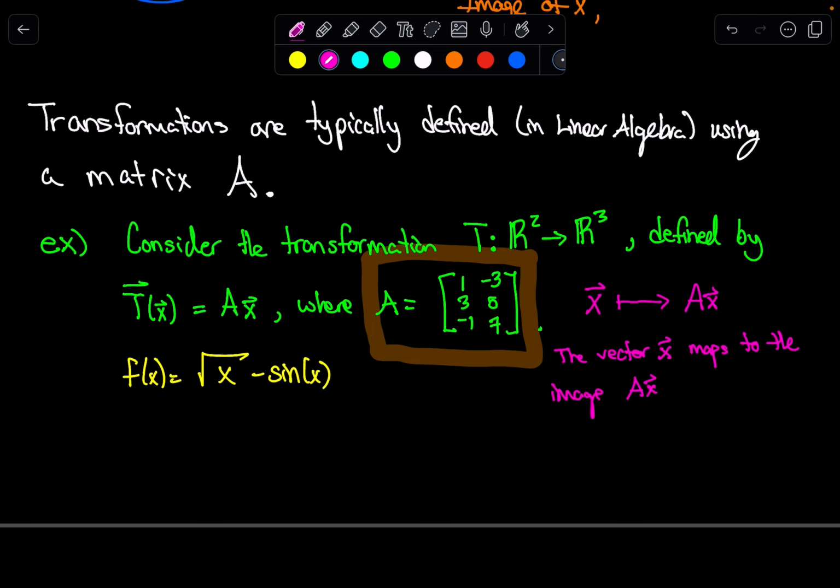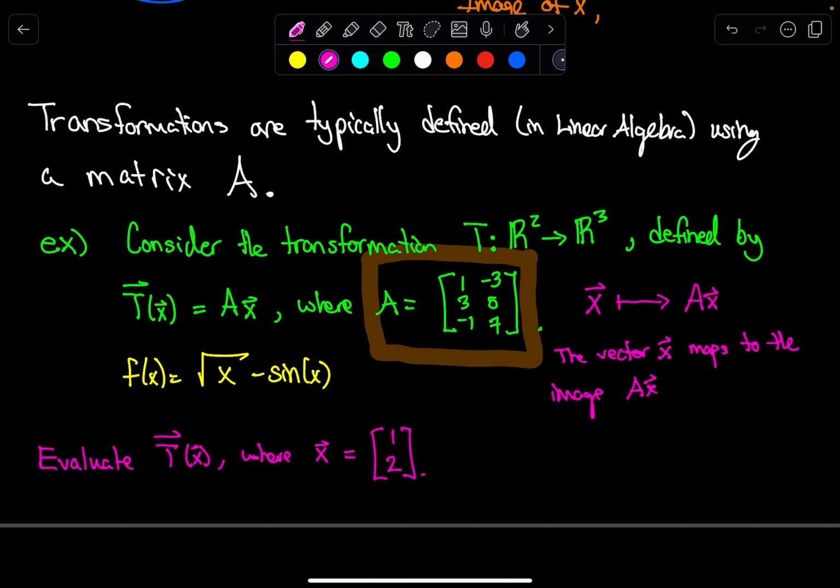Actually, we already have the transformation, so let's just evaluate T of x, where, and sometimes the book doesn't have this arrow here, but I'm just going to keep it because I like it, the vector x is the vector 1, 2.